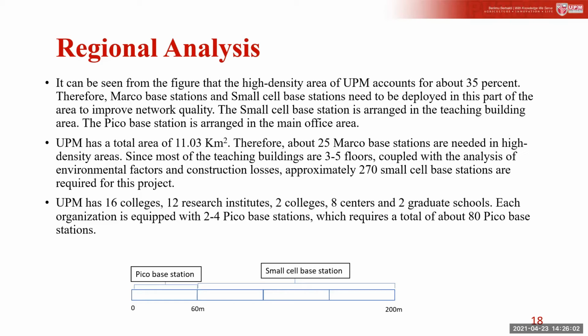So the micro base stations and small cell stations need to be deployed in this part to improve the network quality, and small cell stations are arranged in the teaching building area, and pico base stations arranged in the main office. We have a total area of 11.03 square kilometers. So we need 25 micro base stations.